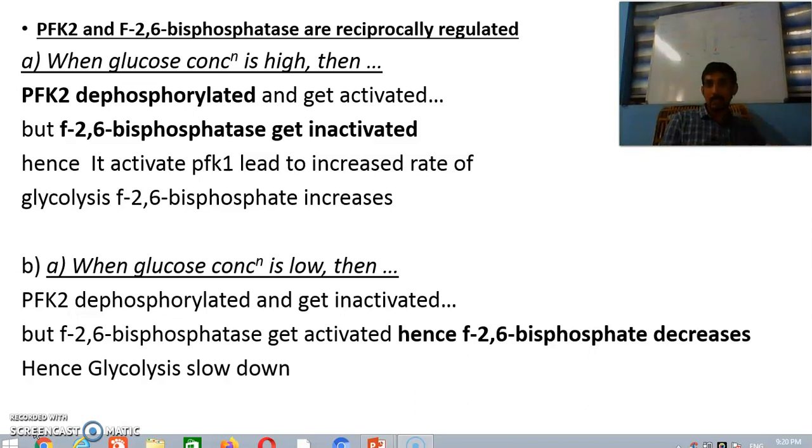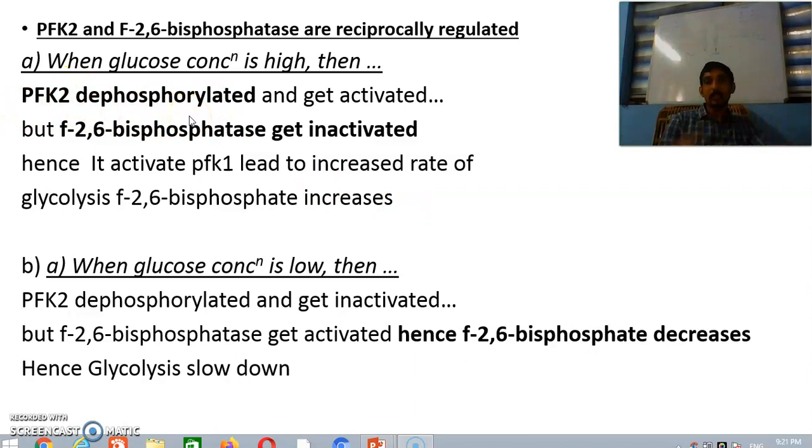Hence, the larger amount of fructose 2,6-bisphosphate produced within the cell during this condition activates PFK1, which we already studied, and leads to an increased rate of glycolysis. That increased rate of glycolysis is due to the presence of fructose 2,6-bisphosphate produced by dephosphorylation of PFK2.